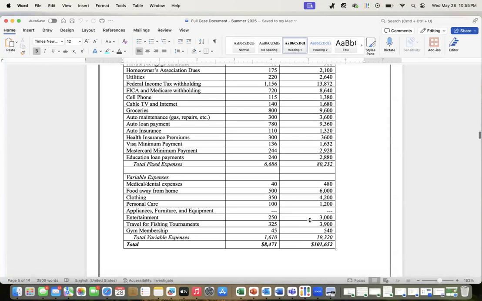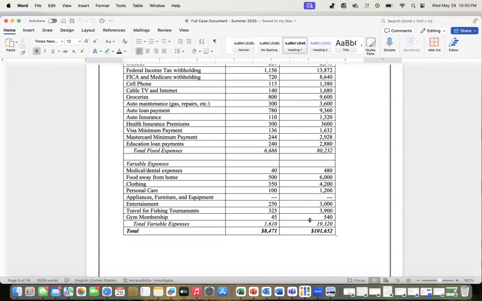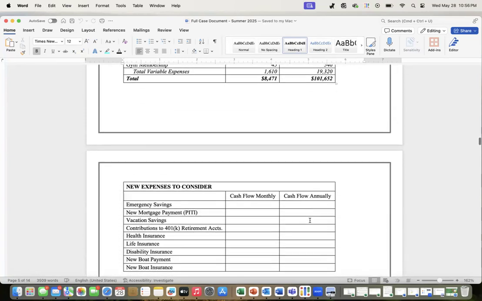And so we're really going to have to think about what trade-offs do we want to make and how do we want to prioritize their cash flows to put them in the best position to maintain a lifestyle that suits their preferences, but also allows them to make progress towards the things that they really value as they move forward.